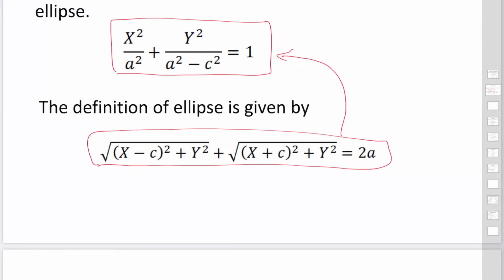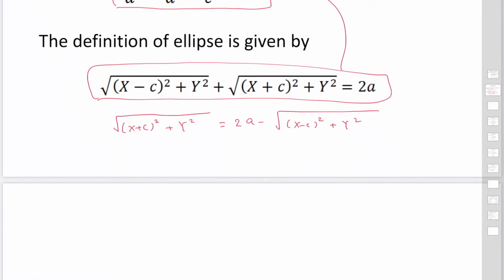So first of all, we'd like to change this equation. This can be expressed as the square root of (x plus c) squared plus y squared equals 2a minus the square root of (x minus c) squared plus y squared. Then take squares on both sides.